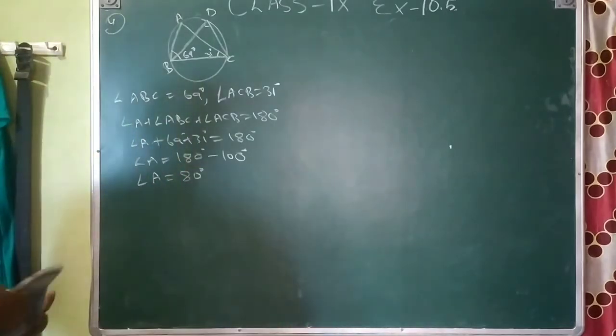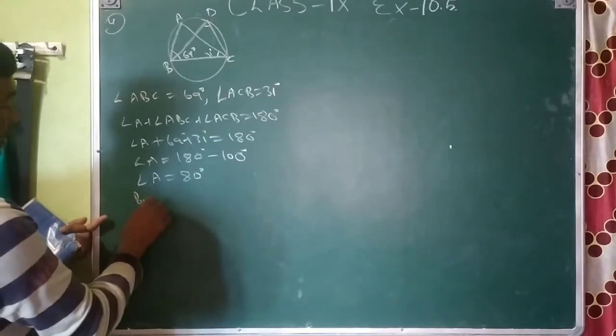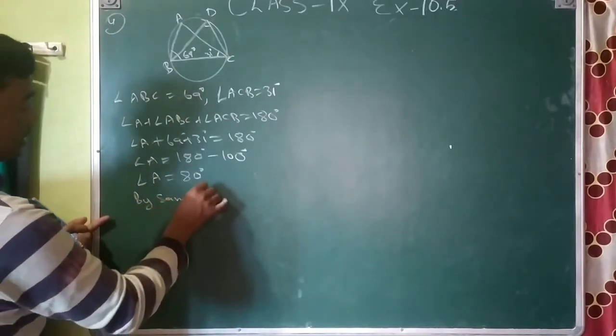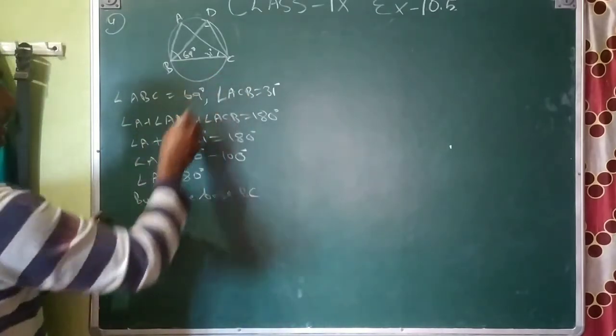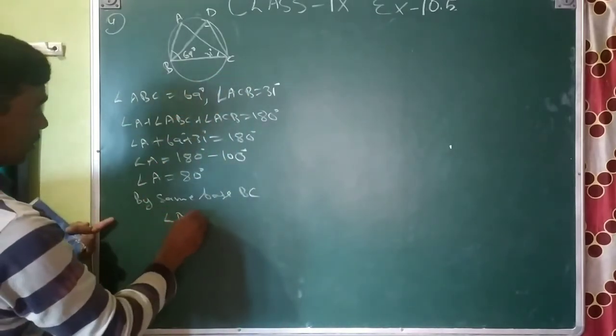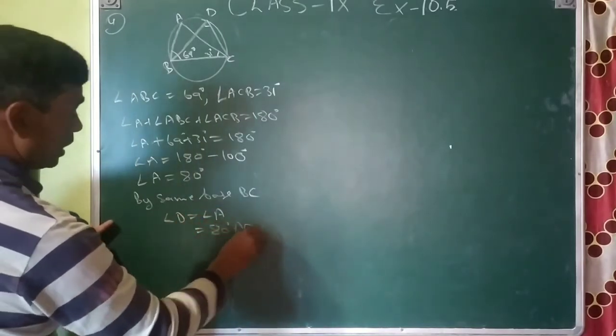Okay, by the same base BC, if the base is the same, then angle D is equal to angle A is equal to 80 degrees. This is the answer.